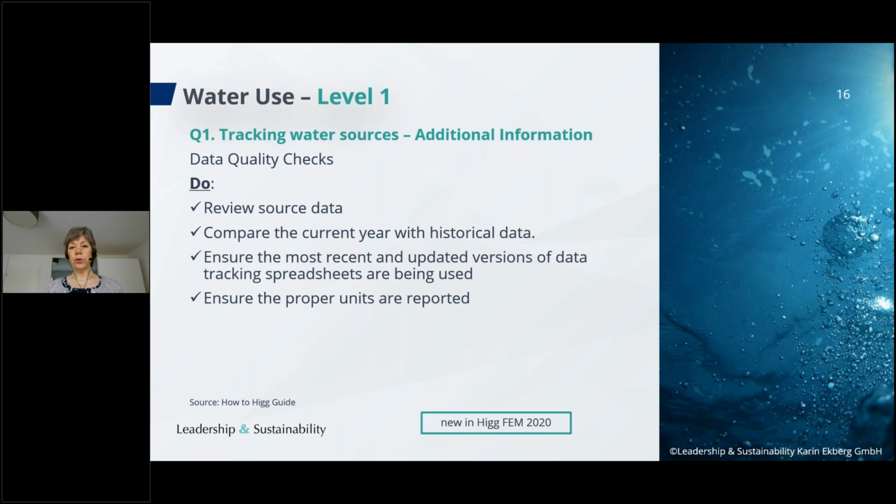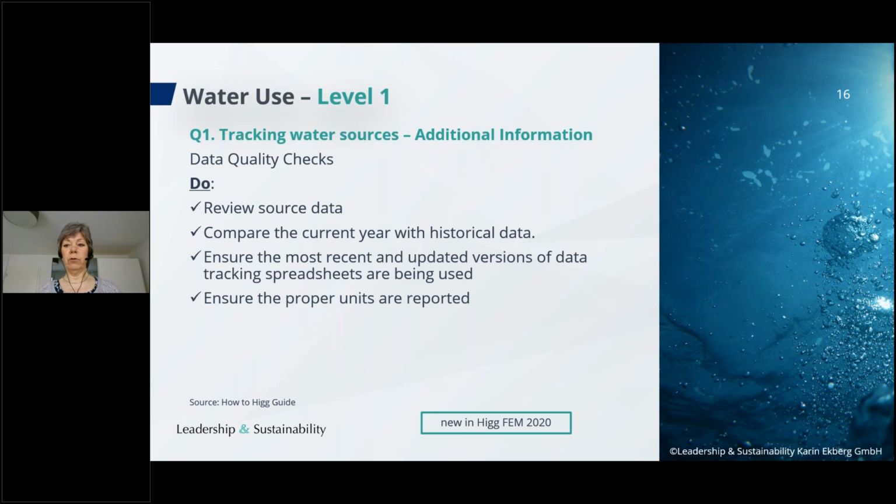And then you should also ensure that the proper units are reported. So in countries where you may not be using, for example, just cubic meters, you may be using gallons or liters, other units, make sure that you report them correctly. This is, of course, extremely important because all the data may be used by, for example, your buyers.